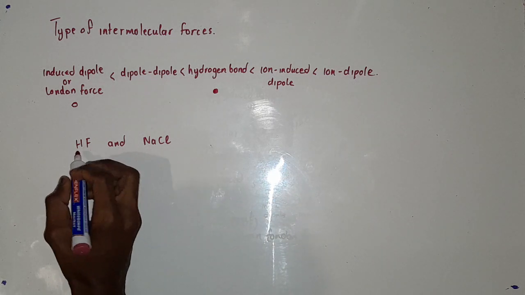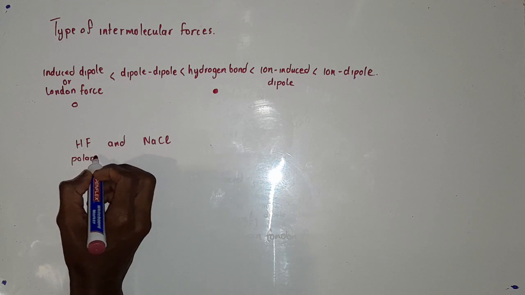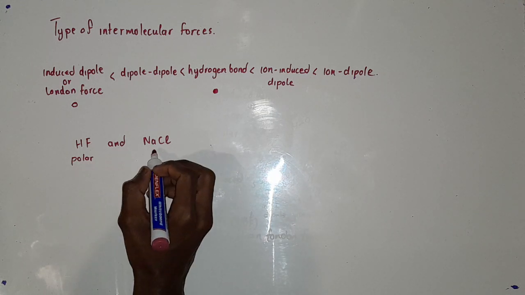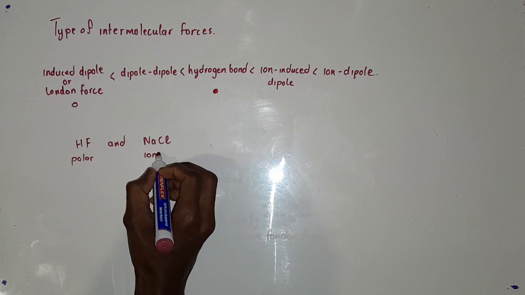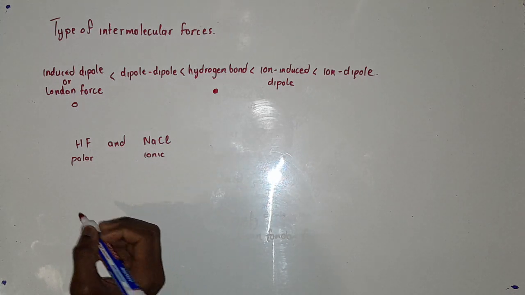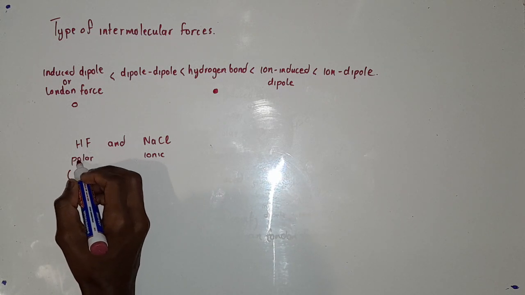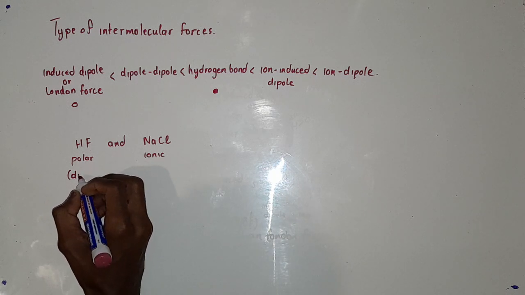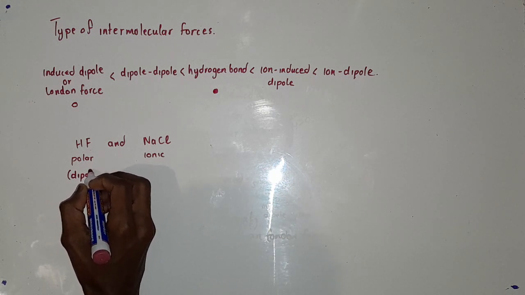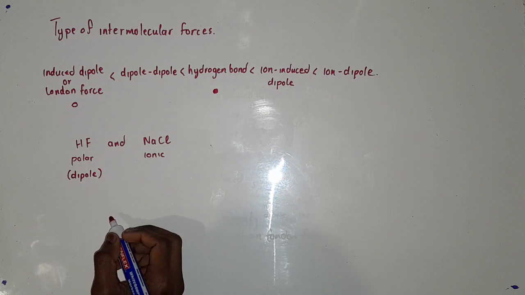Then, HF, we know that this one is polar. Okay, this one is an ionic compound. Then for this one, we know all polar molecules, in fact, are dipoles. They consist of two poles. Do you understand?